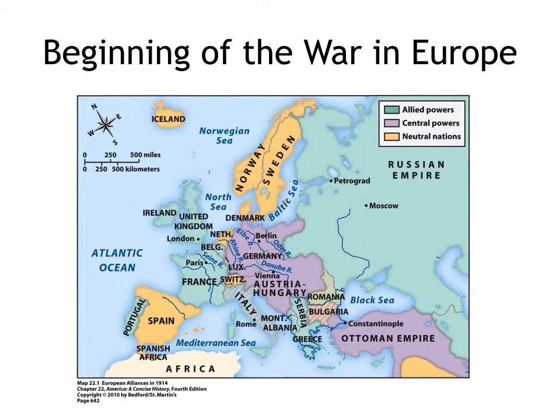The sort of Schlieffen Plan that the Germans had in mind would involve them invading Belgium, and then through Belgium attacking Paris, knocking France out of the war so that Germany could then focus its energies on what they regarded as the bigger threat over in Russia, which had the larger army, though they believed it would be slower in mobilizing.